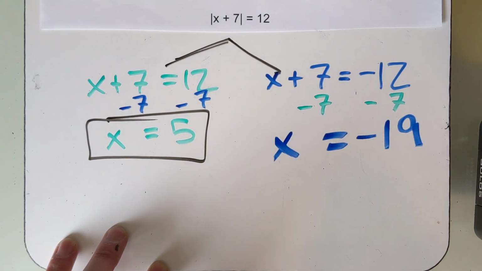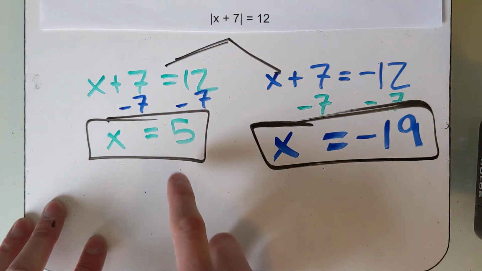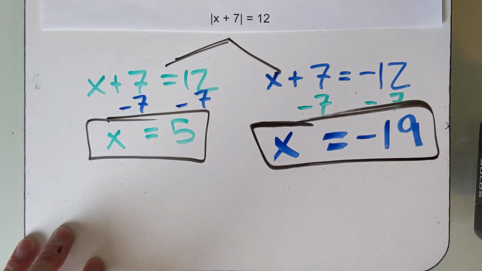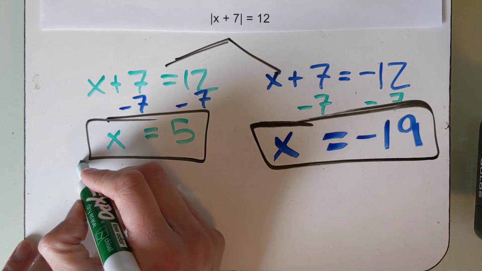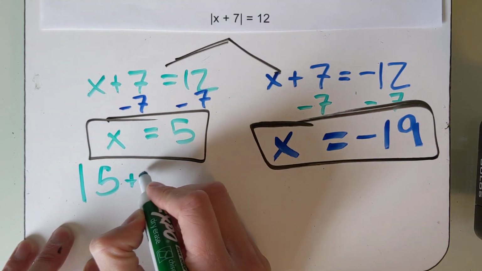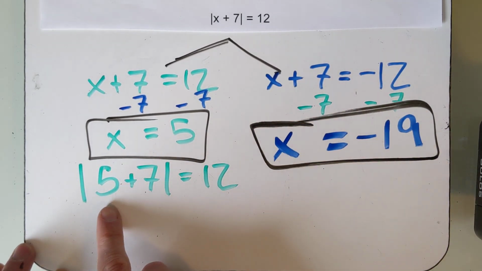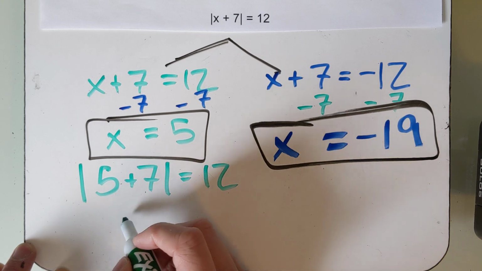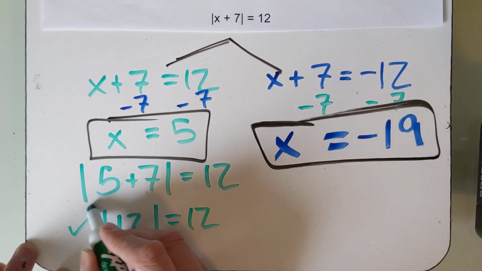Let's double check to see if these are actually correct. We're just going to plug them into our equation. Actually, let's change the colors on these. So we have the absolute value of 5 plus 7 is equal to 12. Is that correct? 5 plus 7 is going to give us 12. So the absolute value of 12 is 12. That makes sense, right?